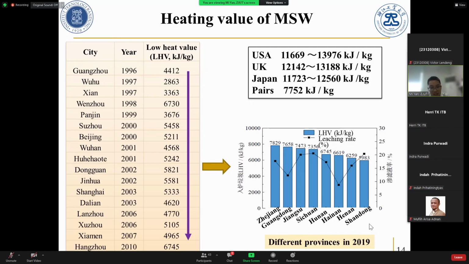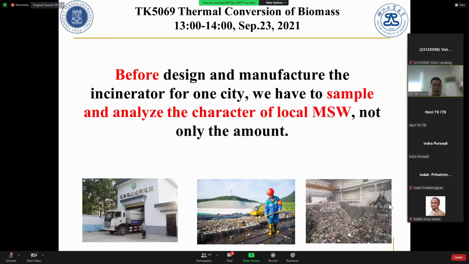And in the same year, different provinces in China are also different. So this is the challenge before you design and manufacture the incinerator for a different city. You have to sample and analyze the character of local MSW, not only the amount.